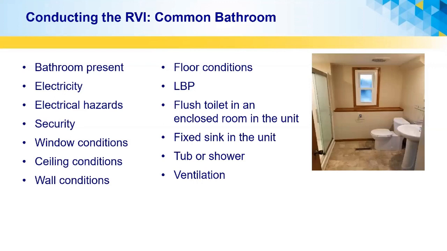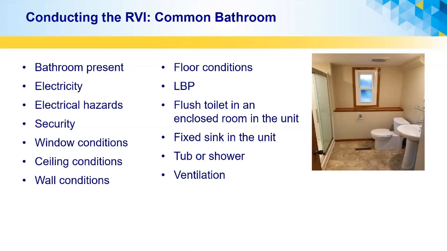Common bathrooms. Again, common bathrooms have the same requirements as unit bathrooms. And remember, this is a common bathroom that would be used by our client as part of their lease agreement. And what we're looking for is bathroom present.